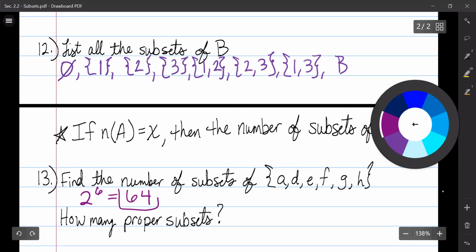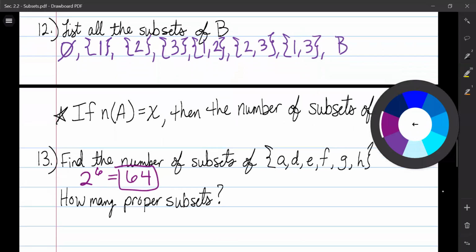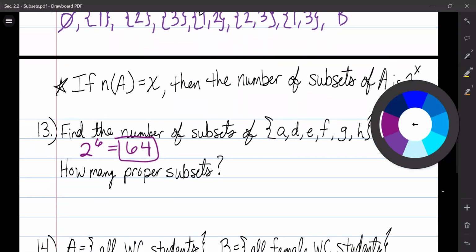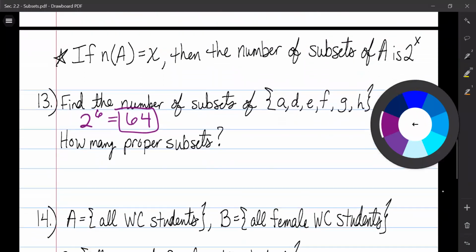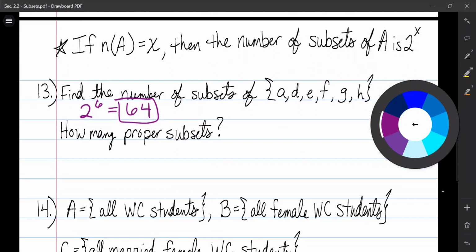So that set would have 64 total subsets. And then how many proper subsets does it have? All subsets are proper except for one, which is the whole set. So if it has 64 subsets, that means it has 63 proper subsets.